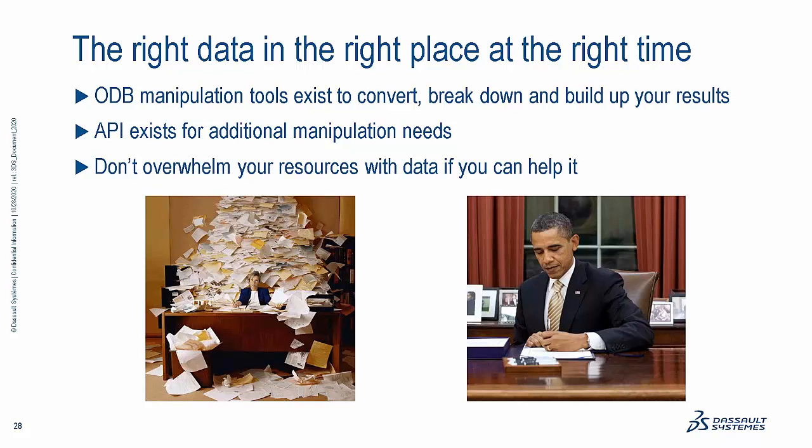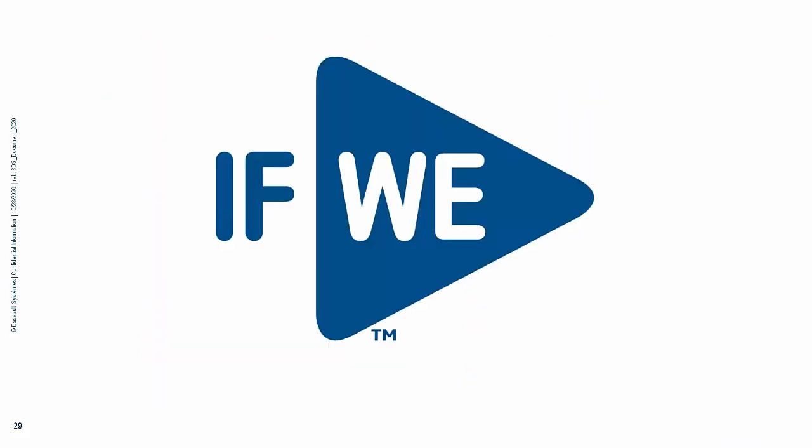The same way you don't want piles of papers on your desk, you don't want piles of data in your ODBs. If you have a smaller ODB, it's much easier to work with. You can focus on your tasks, and it's not going to take you 10 minutes just to find the correct paper to work on. And that's it.